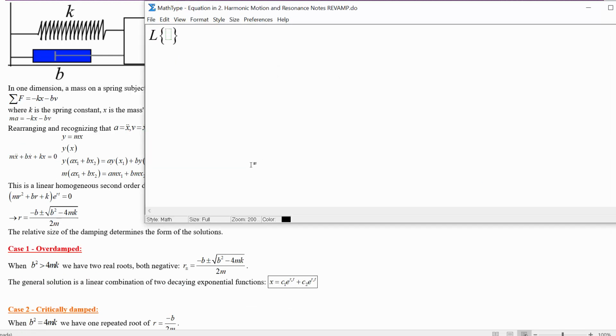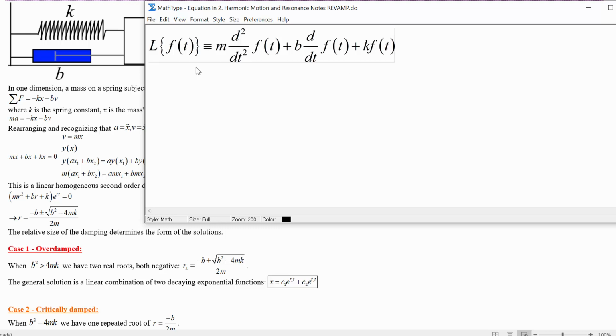You might specify the linear operator of this differential equation, the left-hand side, as, let's say, a linear operator L on some function of t defined as m times the second derivative of f at t plus b times the first derivative of f at t plus k times f at t.